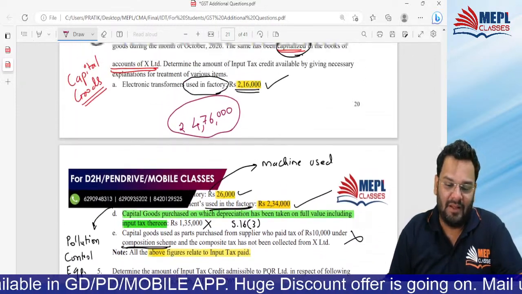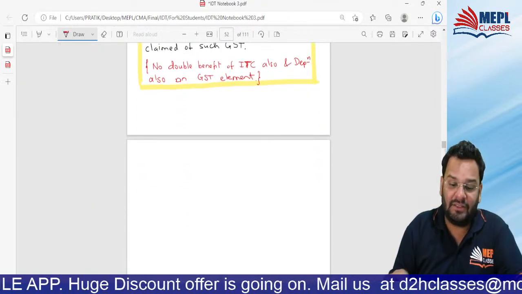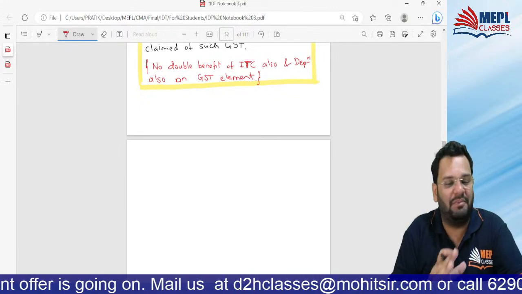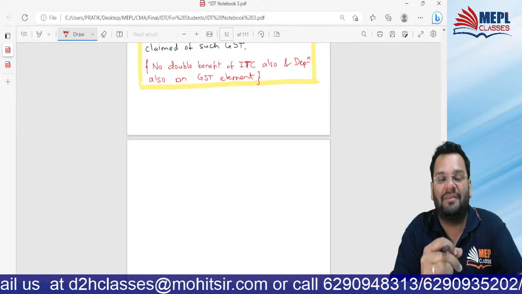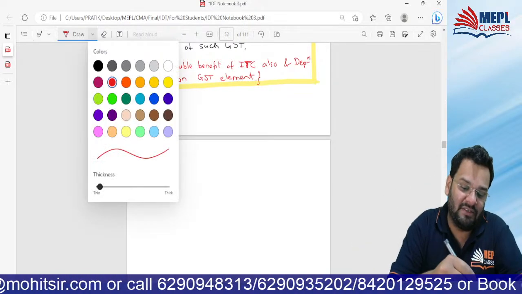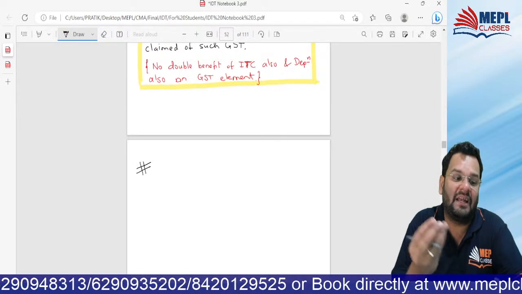Okay, let's go to 16.4. Guys, 16.4 is brand new section. Means the section is not brand new, but it is amended. So in short, effectively, it becomes a very fresh thing that can be asked and that you should know.